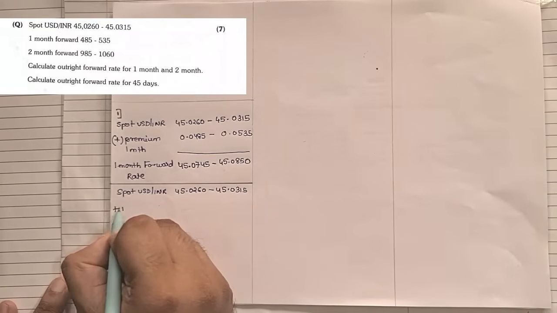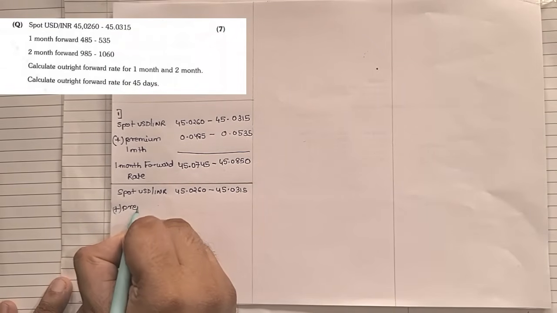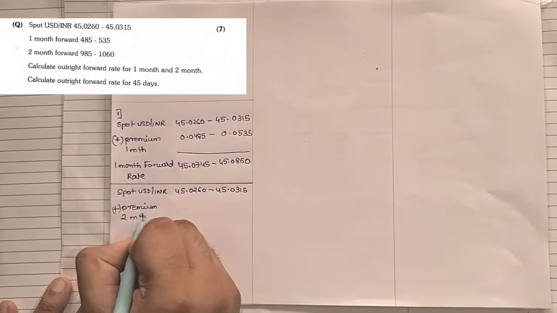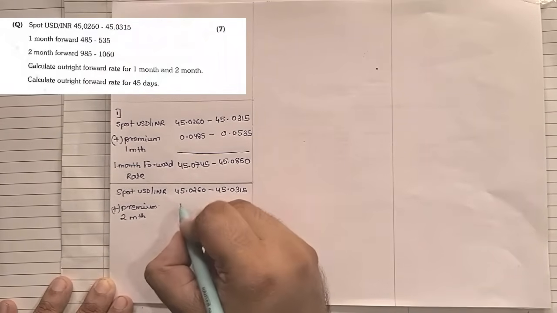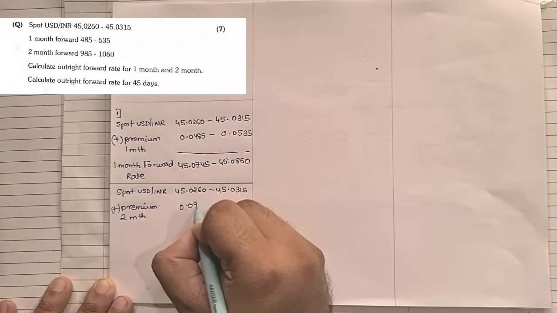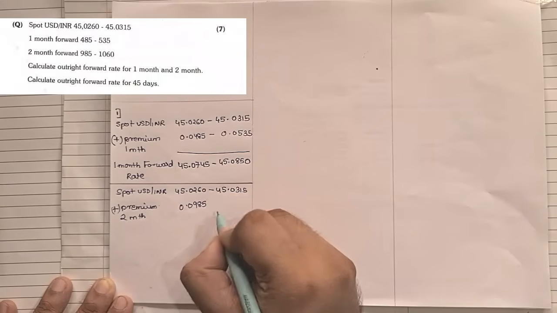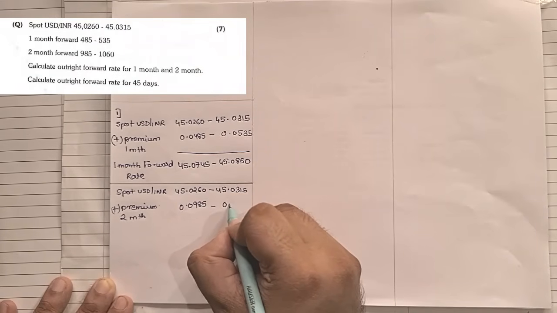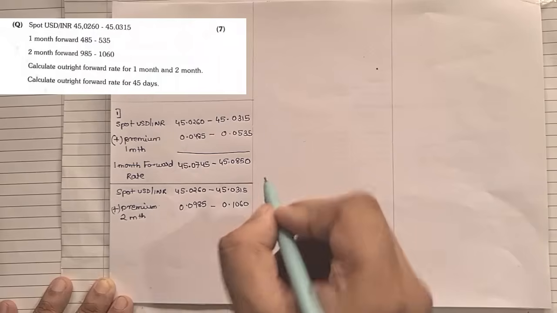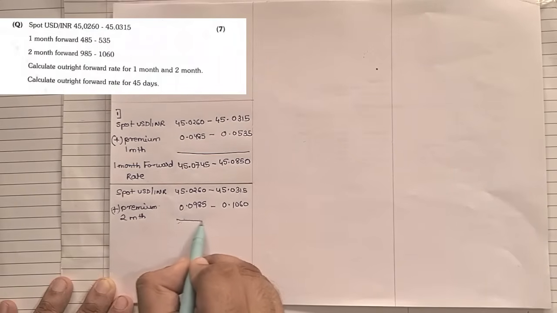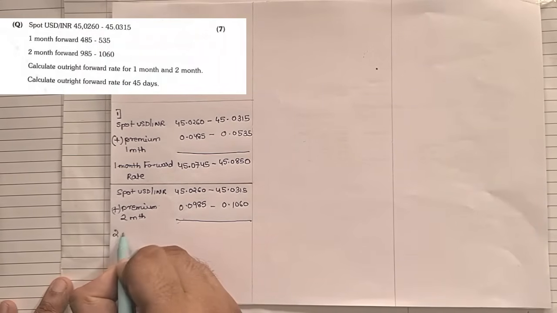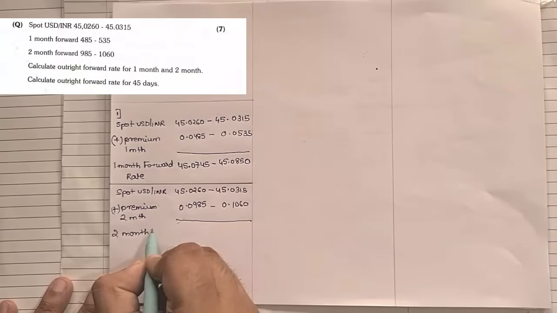Now again I will add the premium, that is the 2 months premium. The 2 months premium is given as 985, so that will be 0.0985, and here it will be 0.1060. That's simple. I will add it up and I will get my 2 month forward rate.